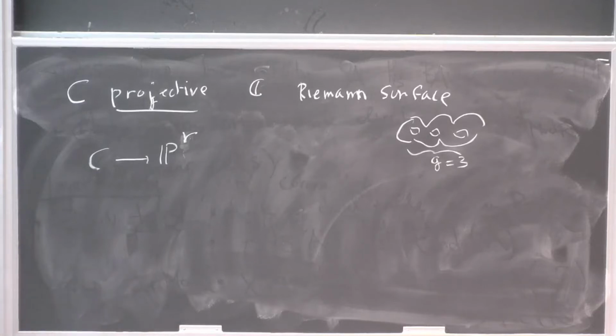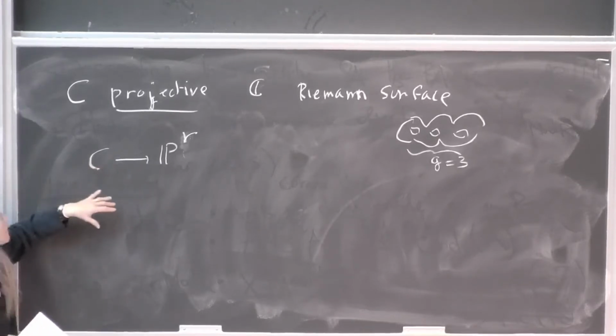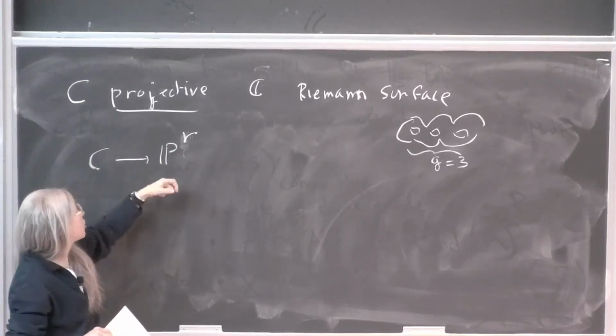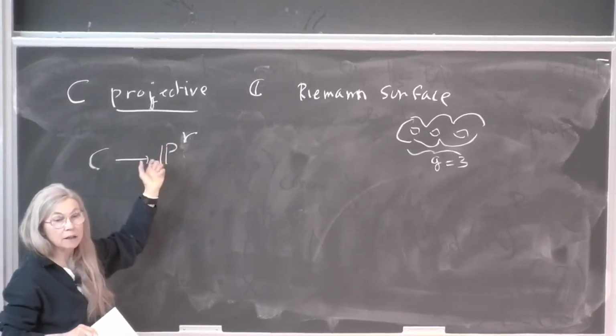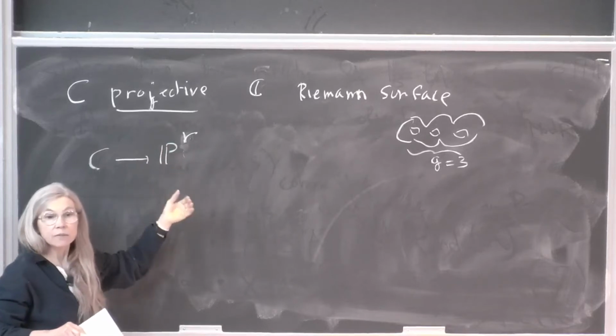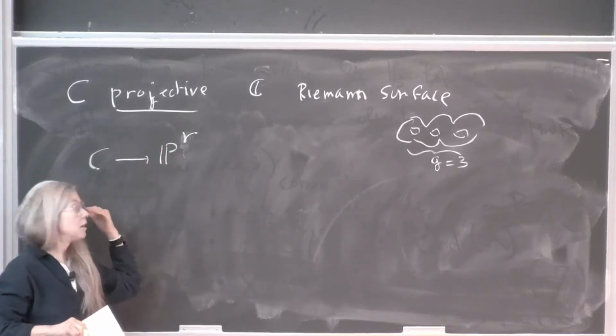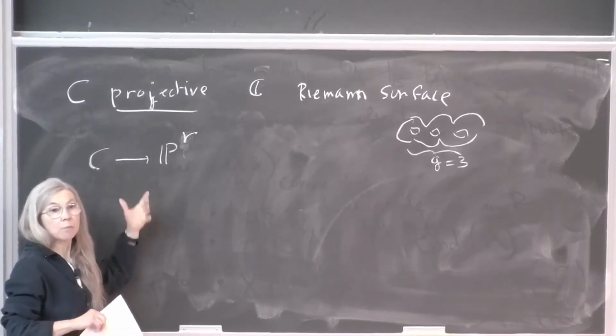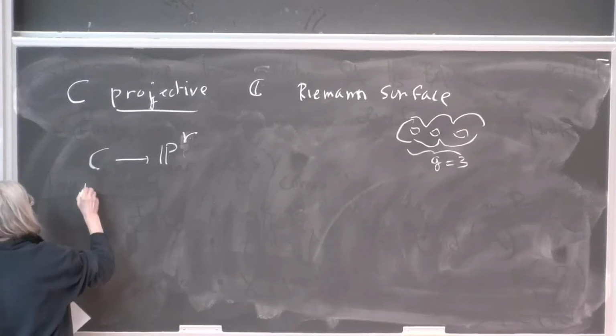When we think of the curve as the interesting thing, we try to figure out in how many ways we can put the curve into projective space. In projective space, we have the nice bundle O(1), and in P^r it has r+1 independent sections. You can pull this back to the curve, and then you get a line bundle on the curve, and you get r+1 sections.